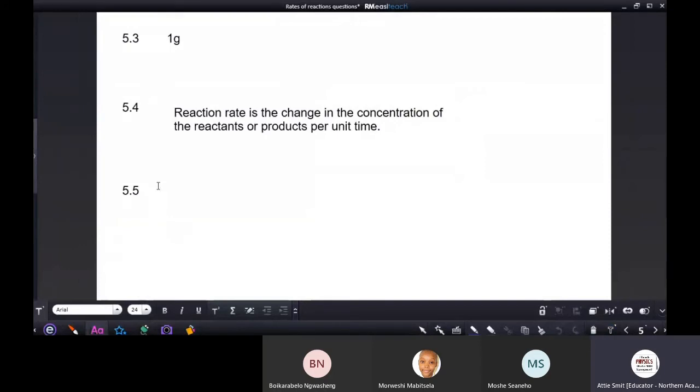Number 1, because we're using a catalyst, the minimum activation energy is lowered by the catalyst.